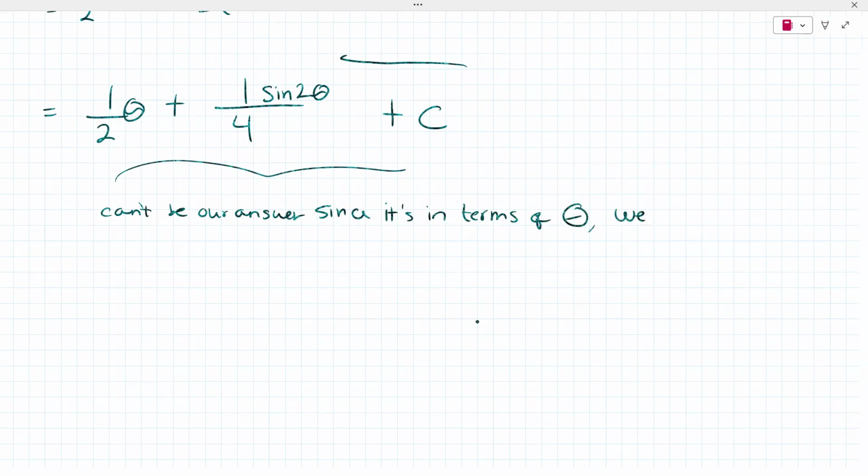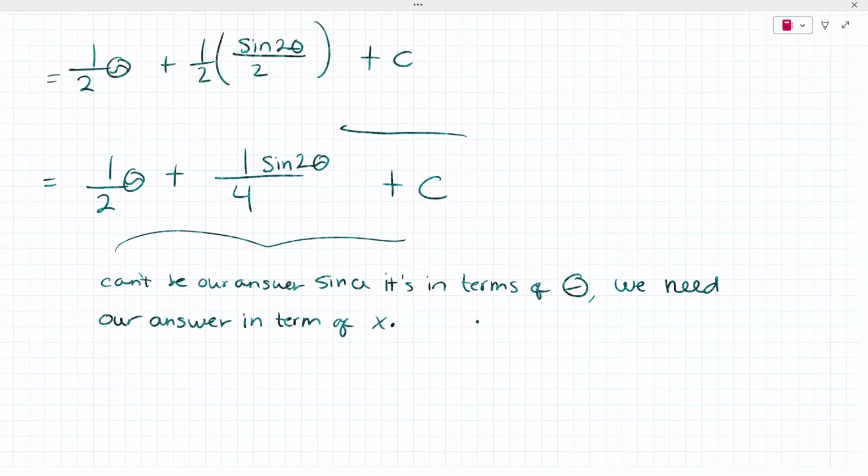We need terms of x. So what do we know? Let's go back.